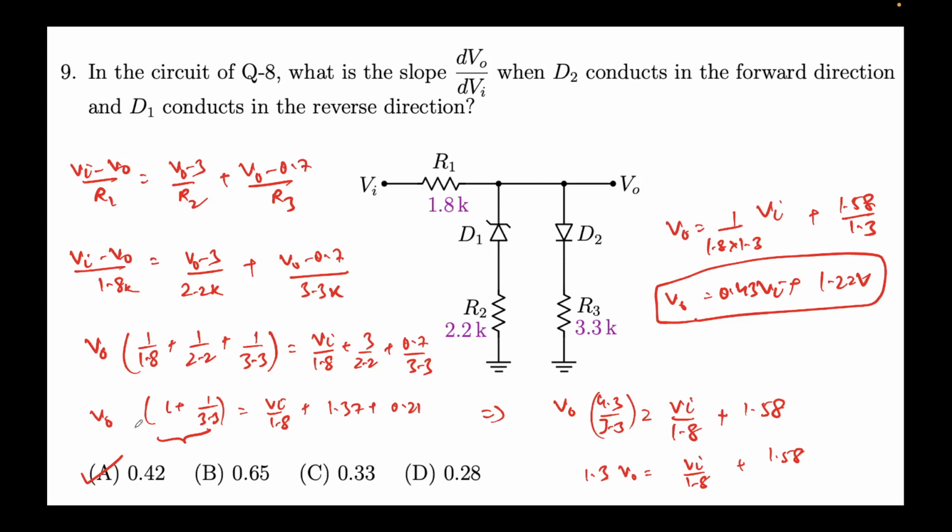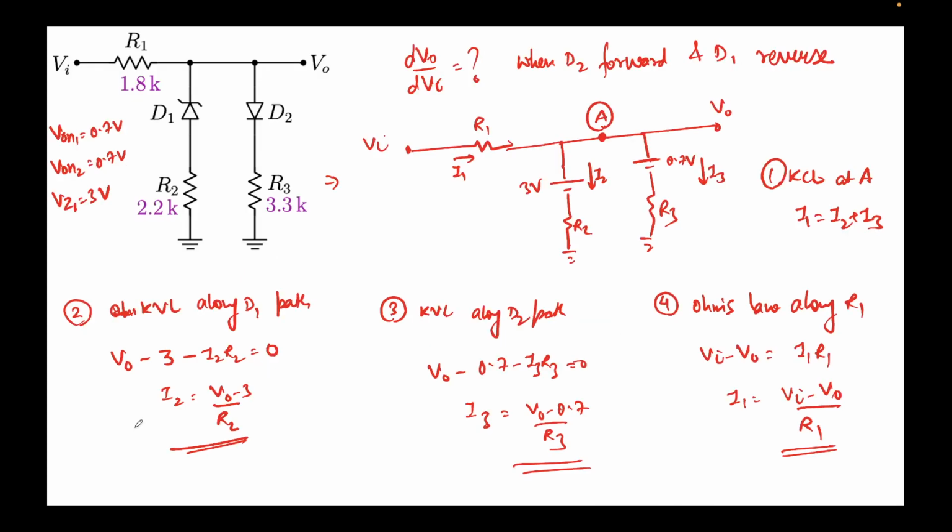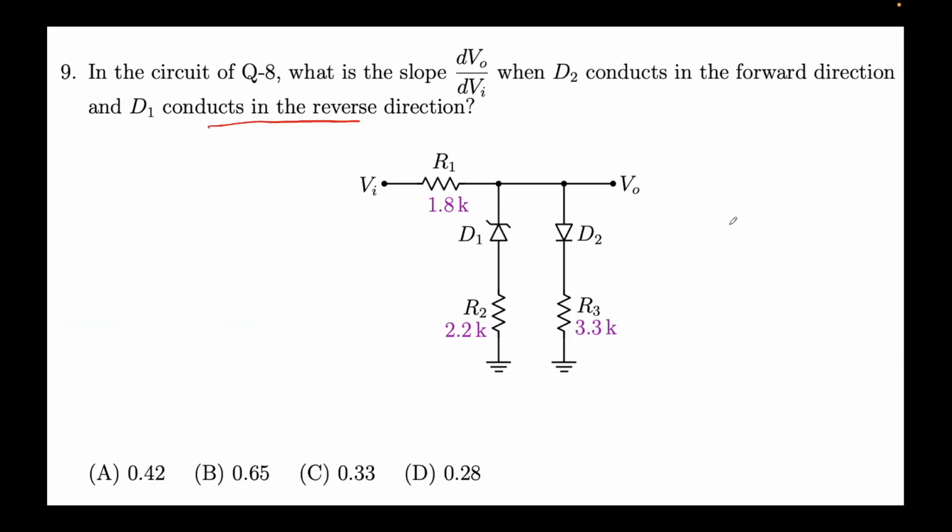So just to reiterate, in this problem we were given that D2 conducts in forward direction and D1 conducts in reverse direction. As I've already told you, for the Zener diode, D1 is operating in the breakdown region in this problem.